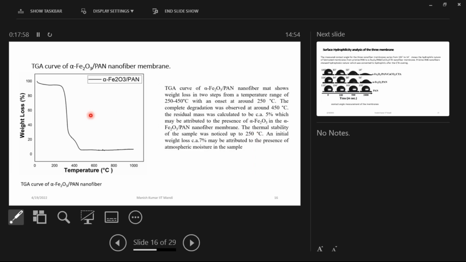Then we went for the thermal stability of this membrane, since we want to use it for a water purification system. We have seen that this membrane was very stable from room temperature up to 250 degrees centigrade. There was an onset at around 250 degrees, and complete degradation was around 450 degrees, with 5% remaining, maybe due to alpha-Fe2O3 and CaCO3.